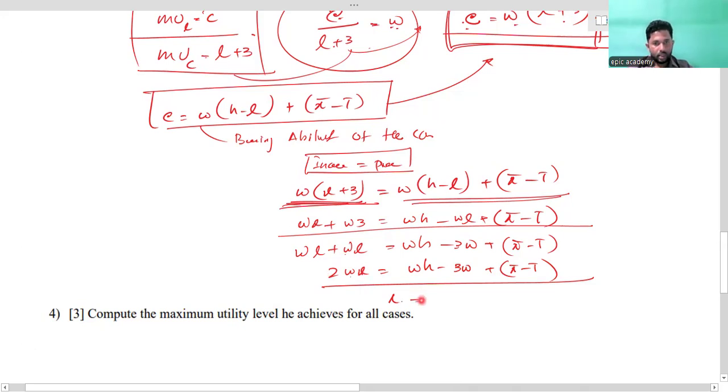If L becomes a single value, that means WH minus 3W plus 5 minus T must be divided by this value, 2W.